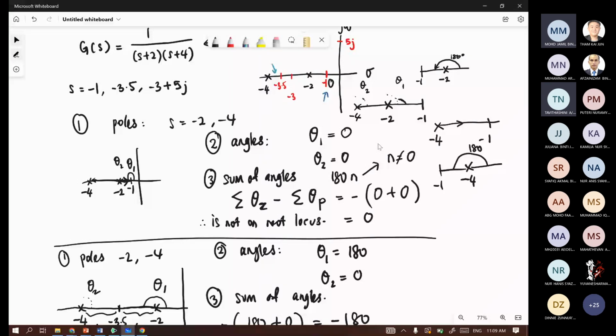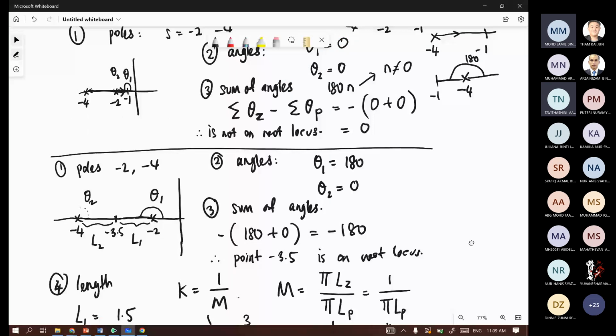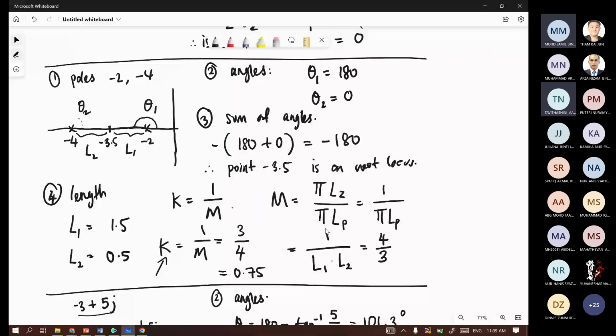So try to understand how to calculate the angle and length, and also understand that the sum of angles is the sum of angles from zeros minus the angles from poles, and the product of lengths, the magnitude, is the product of lengths from zeros divided by the product of lengths from poles. Okay, we will use this a lot later.